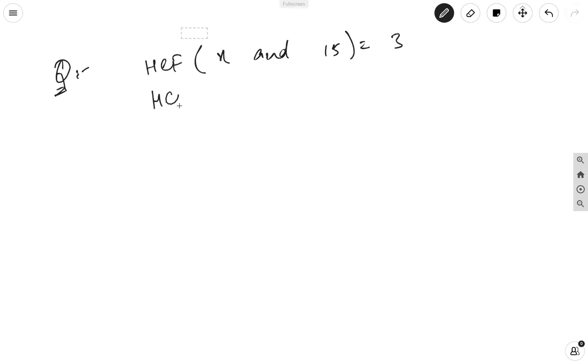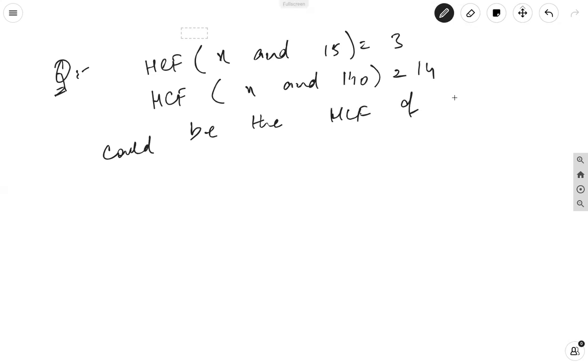So let's have an example. The question is that the HCF of x and 15 is equal to 3 and the HCF of x and 140 is equal to 14. The question says which of the following could be the HCF of x and 660.